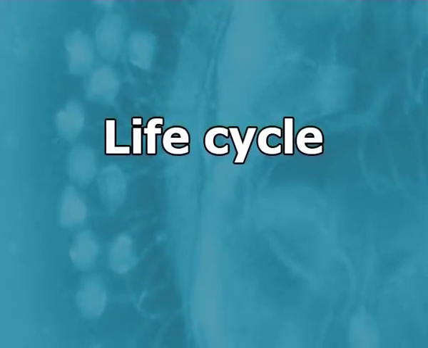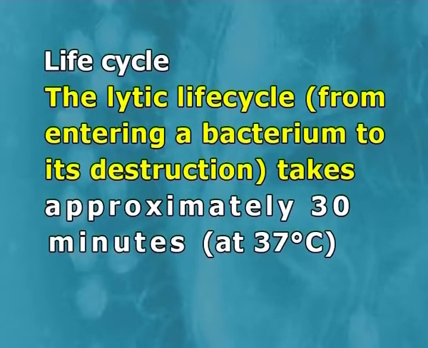Let us see the life cycle. The lytic life cycle takes approximately 30 minutes. This life cycle, from entering a bacterium to its destruction, usually occurs at 37 degrees centigrade.